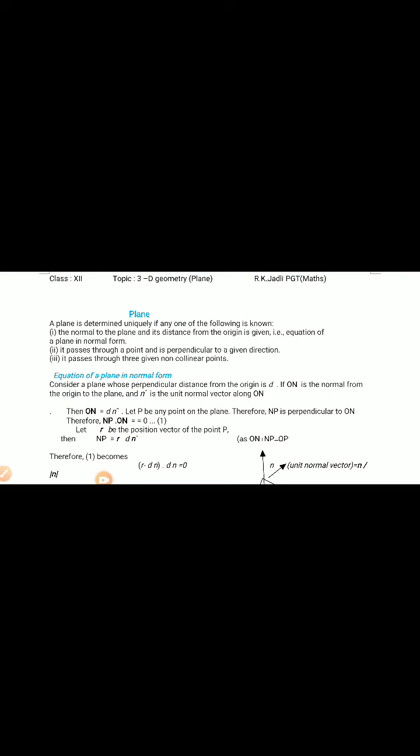We consider a plane whose perpendicular distance from the origin is d. Here is a plane, its perpendicular distance from origin is d.